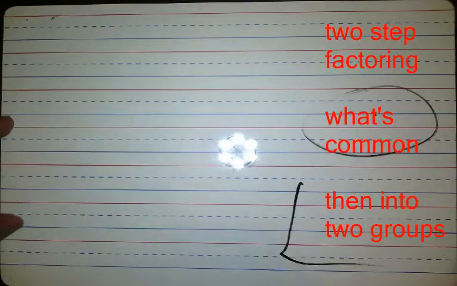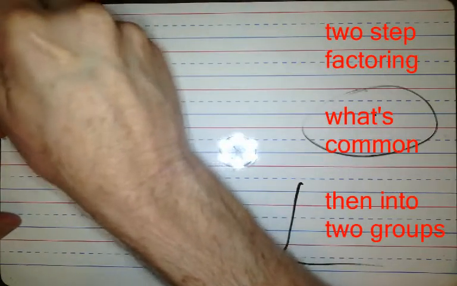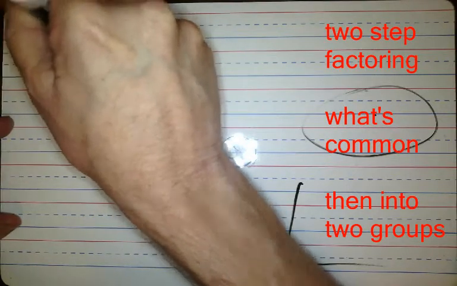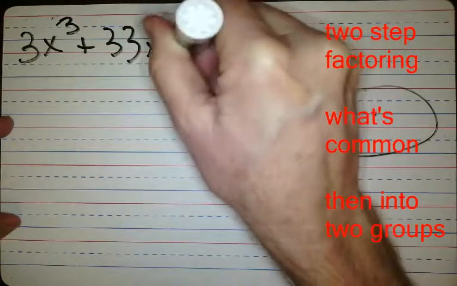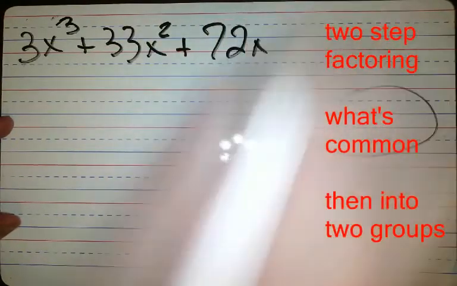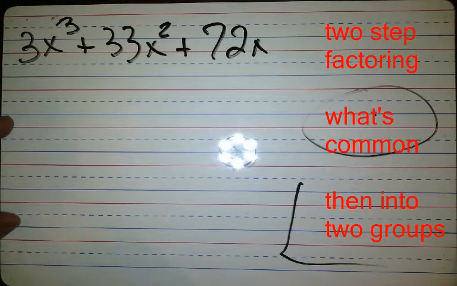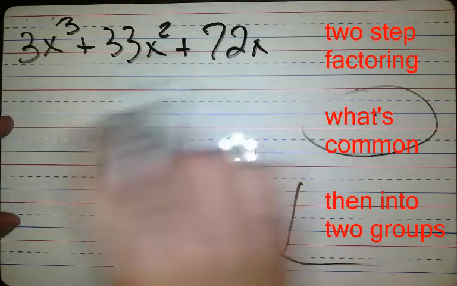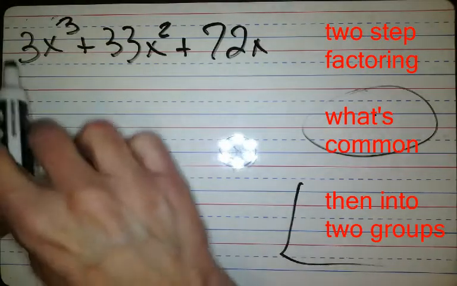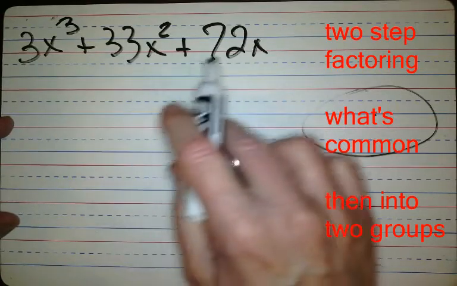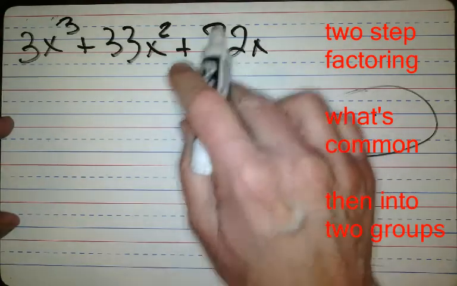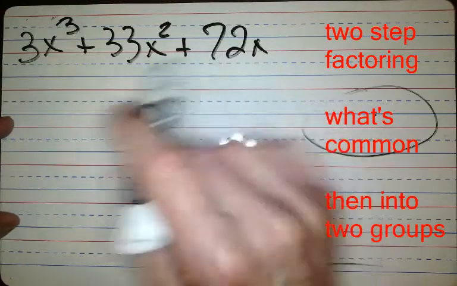So, let's see. How about this one? 3x to the third plus 33x squared plus 72. Now, they're not even, so they can't be divisible by 2. But since this one is divisible by 3 and this one's divisible by 3, I'm expecting this one, so 7, 8, 9, this one's divisible by 3.